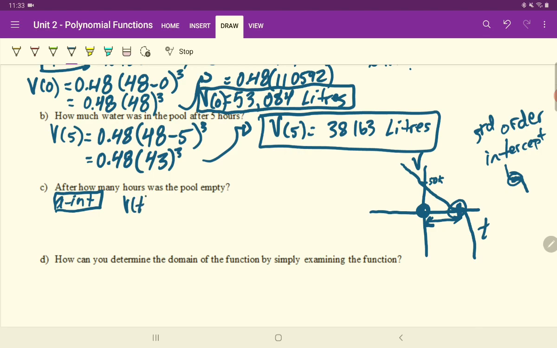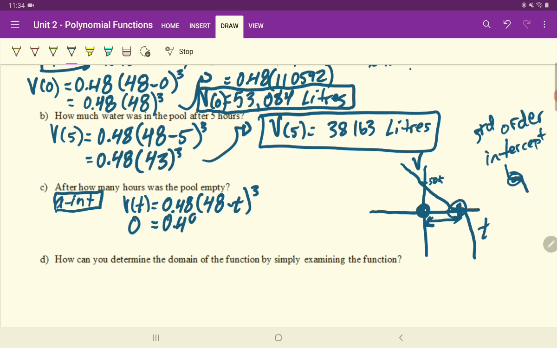Well, let's see. If v at t equals 0.48 times 48 minus t cubed. Okay, all you need to do is set the left equal to 0, right? Because y has to equal 0, or in this case, v has to equal 0.